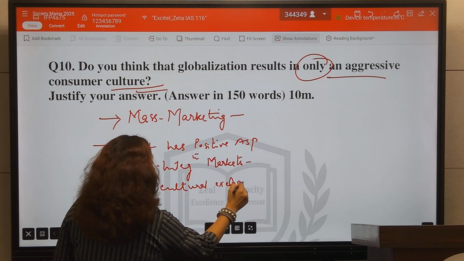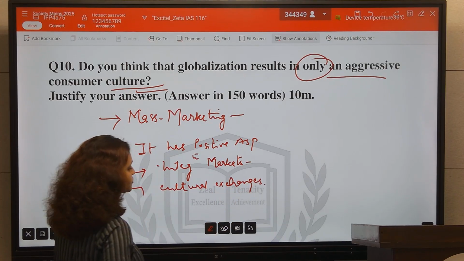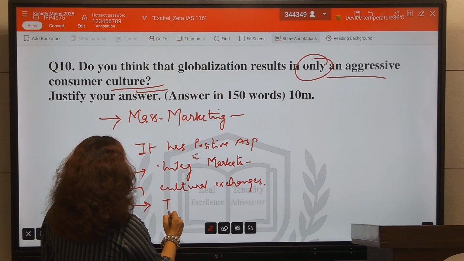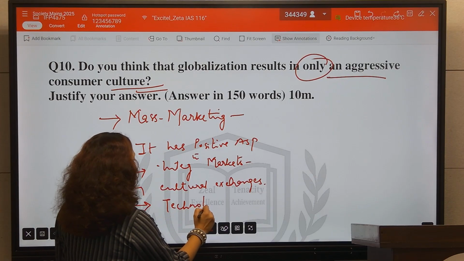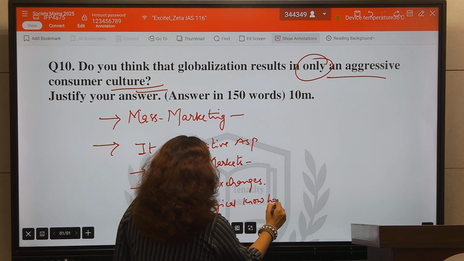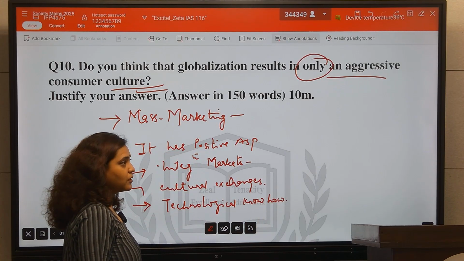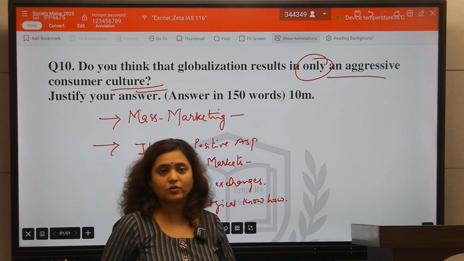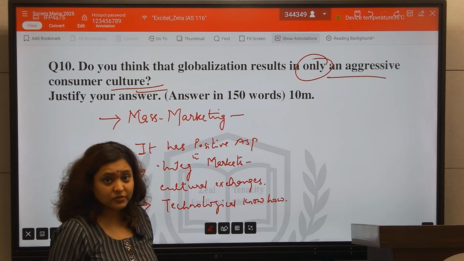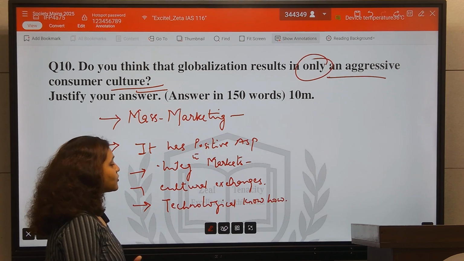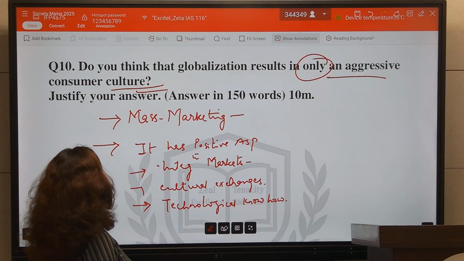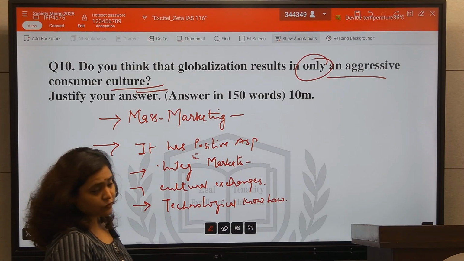How do you think Kolhapuri chappals reached Prada? Technological know-how: the robo cleaner is marking its presence in every Indian household these days. But where did it come from? It came from other countries. It did not come from India. So this is our technological know-how. So these are the positive aspects of globalization.